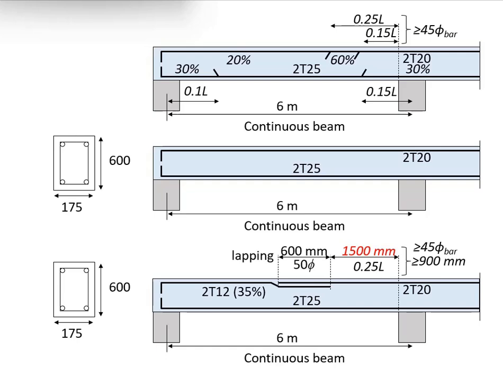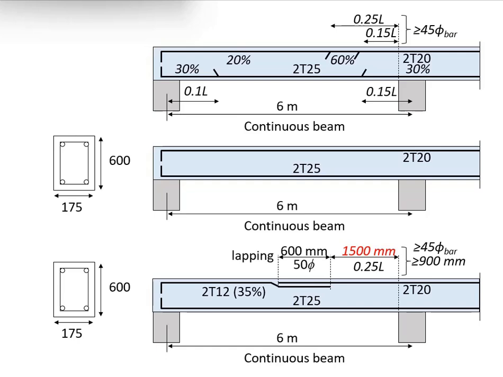But it gives you additional work. You need to measure the reinforcement bar, cut the reinforcement bar and do lapping at the specific regions here. While doing lapping, you may have an issue with the minimum bar spacing, which at the end of the day is not really practical to do so. Therefore, in this case, we will just stick to 2T25 throughout the bottom reinforcement bar along the span.